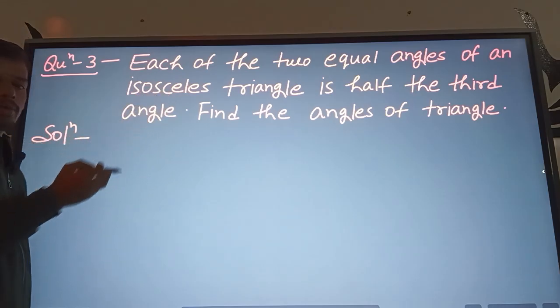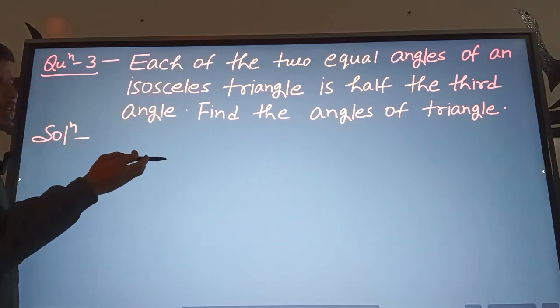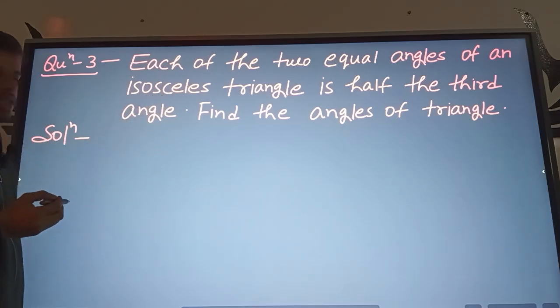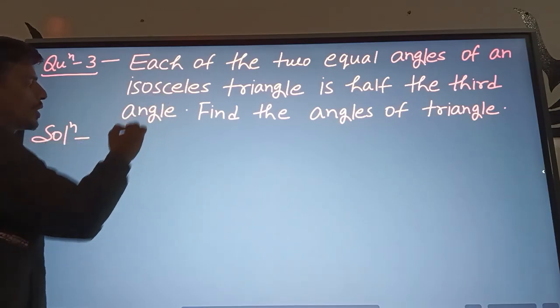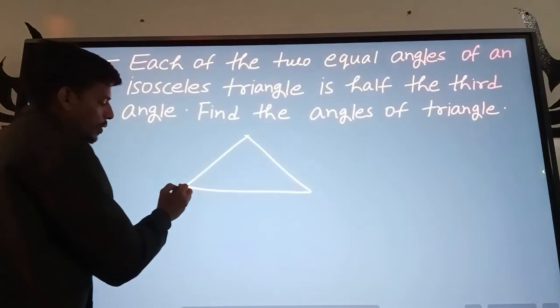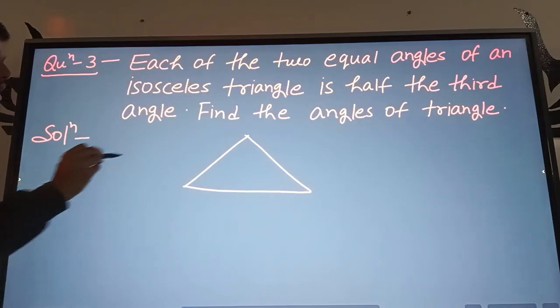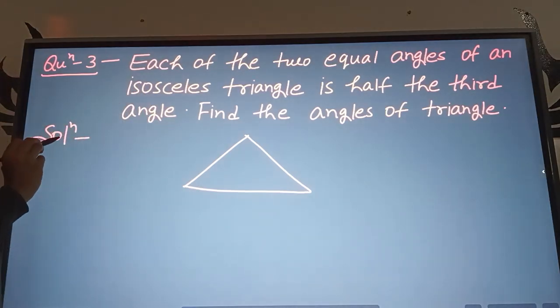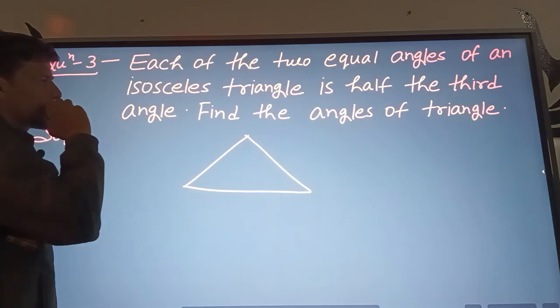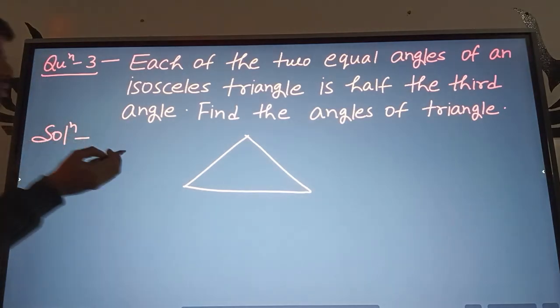On the basis of sides there are three types of triangle: equilateral, isosceles and scalene. The triangle in which two sides are equal is called an isosceles triangle.